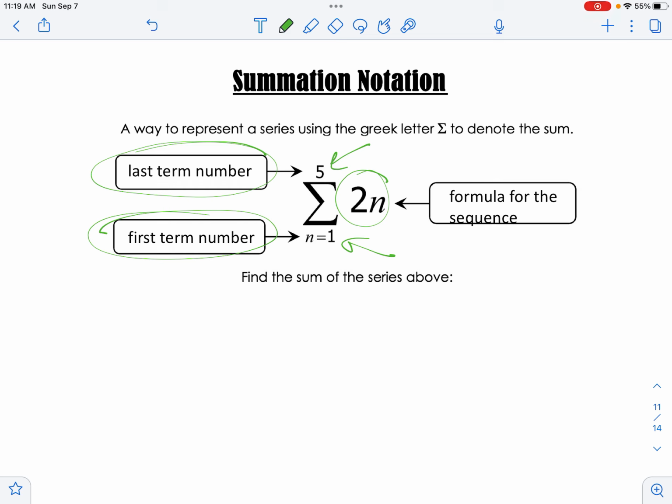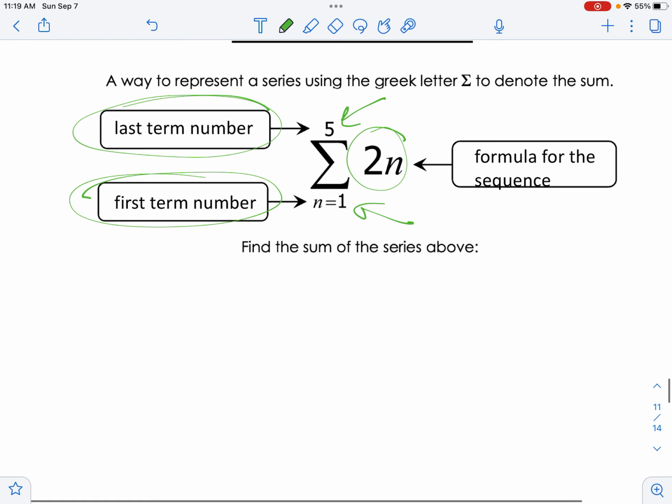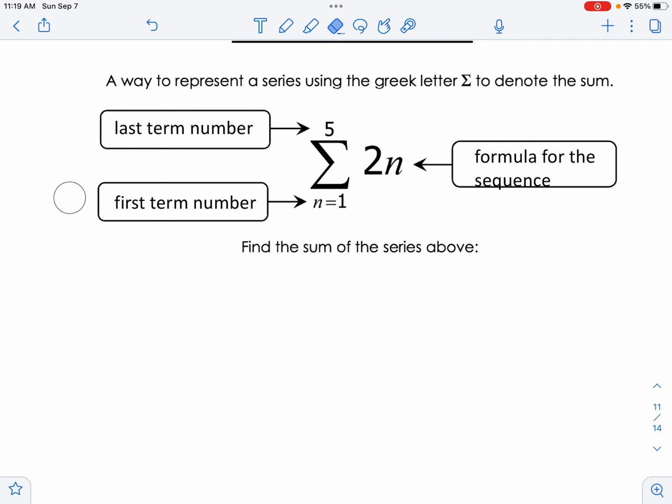Okay, so a lot of information, but really, let's say we did this here for this one. It would be find the sum of the series above. So what you would do is just plug in 1 through 5, right? Here's 1, here's 5. So if I put a 1 here, I get 2 times 1, which is 2.